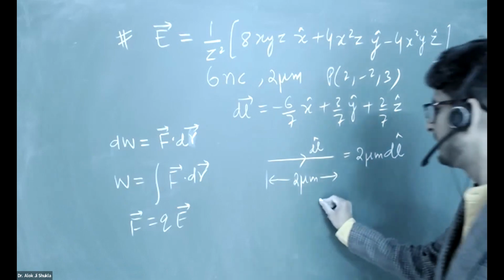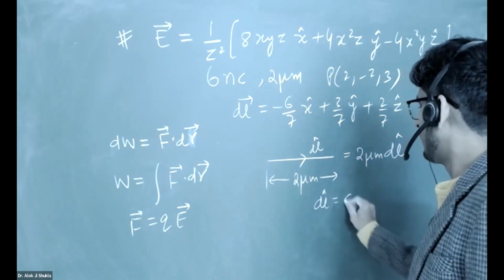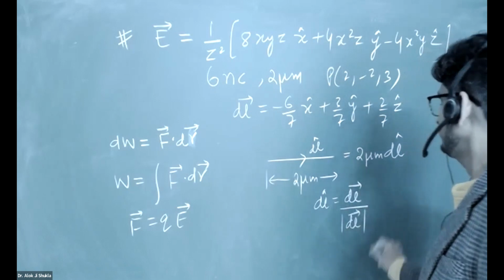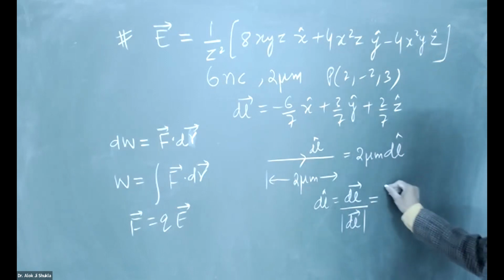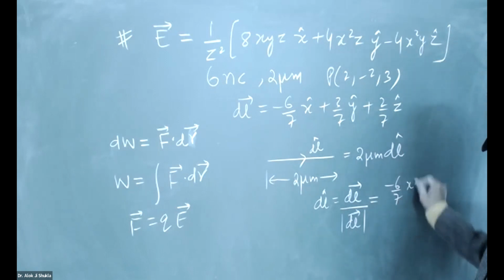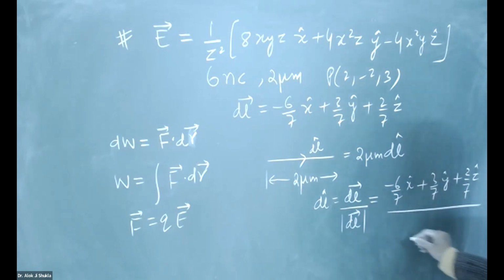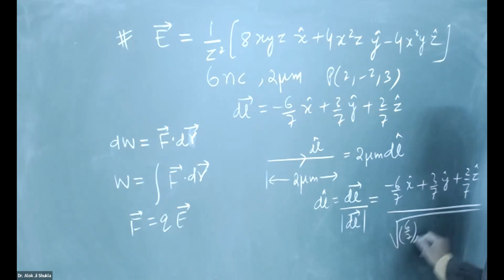And dl cap is obviously dl by mod of dl, which is minus 6 by 7 x cap plus 3 by 7 y cap plus 2 by 7 z cap upon, what will be the modulus of this? Under root 6 by 7 square plus 3 by 7 square plus 2 by 7 square.